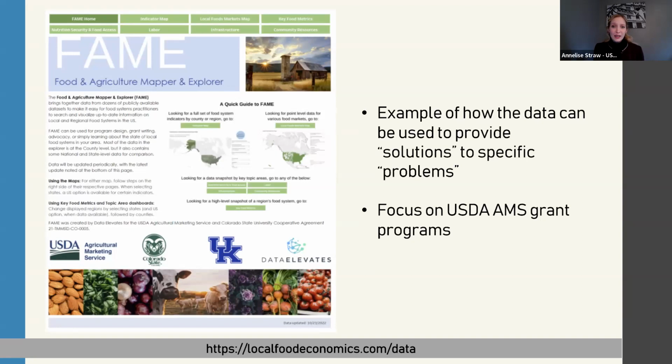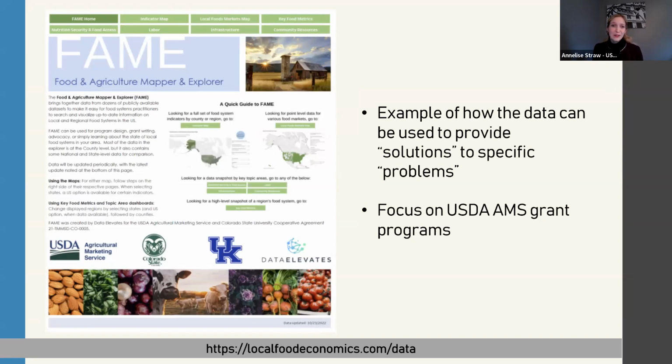All the raw data that underpins FAME is available in a data warehouse that's hosted on a GitHub site, and Libby's going to go into that a little bit more in a moment. This allows for some more advanced analysis to occur as well, if that's what's desired.